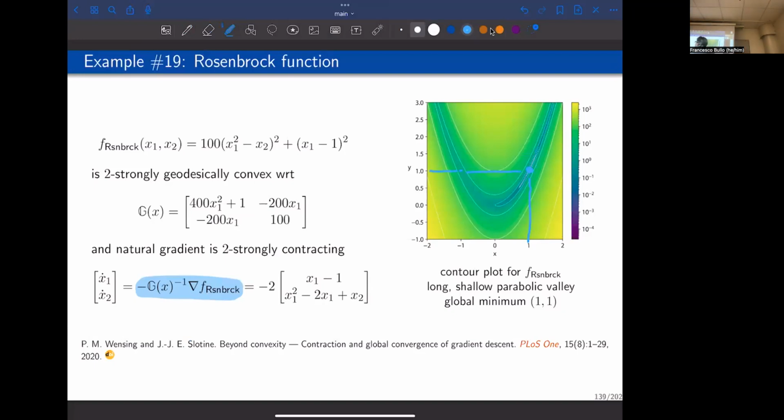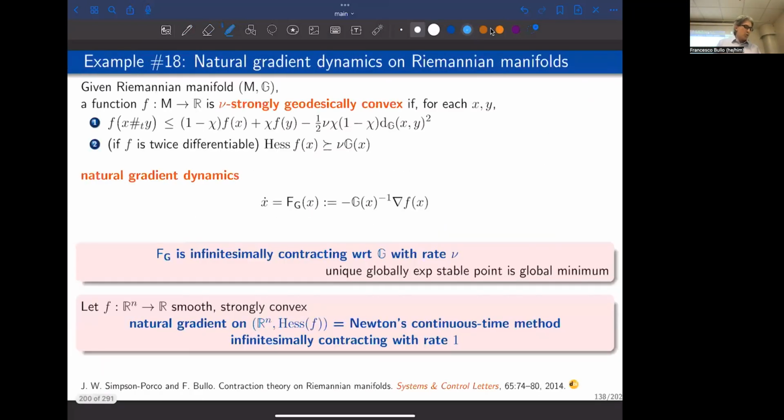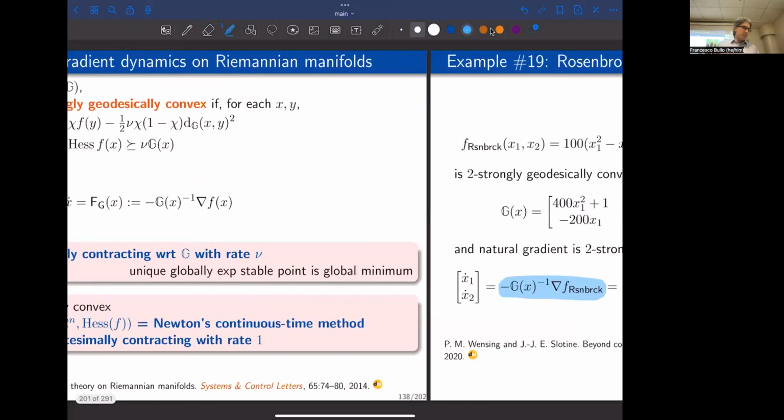And it just so happens that, the way I've written things, unless I made a mistake, the contraction rate is 2. C is equal to 2 for this particular example. Does that make sense? So the punchline is that there are notions of geodesic functions on manifolds.